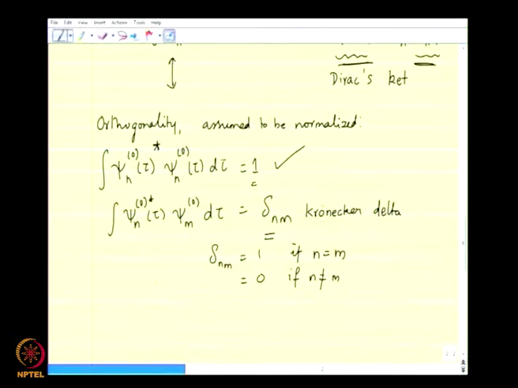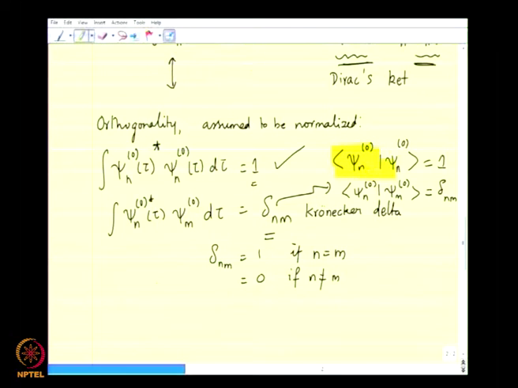So we will use these properties, and the corresponding ket notation for these is: psi n 0 with psi n 0, the bracket, is 1, and for this one, psi n 0 with psi m 0 is delta n m. So let me highlight that.